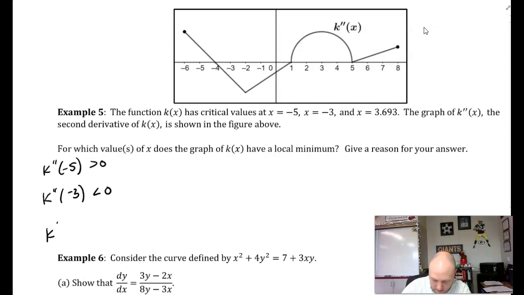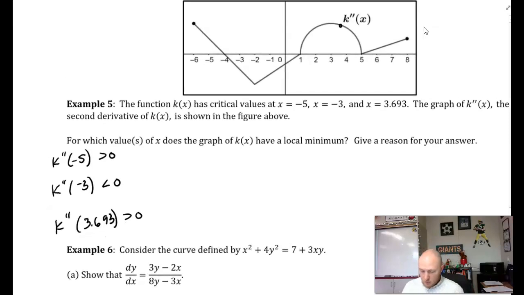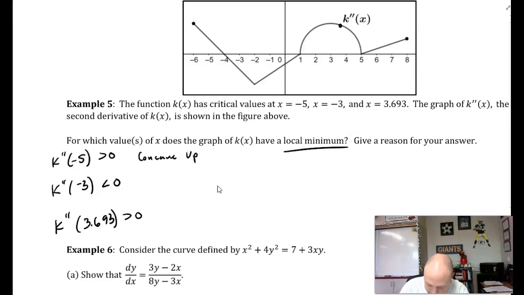Okay, and how about k double prime of 3.693? That point's going to be about here. It's above the x-axis. We know it is greater than 0. We want to know which of these has a local minimum. Well, what we just learned was that at -5, this is concave up.